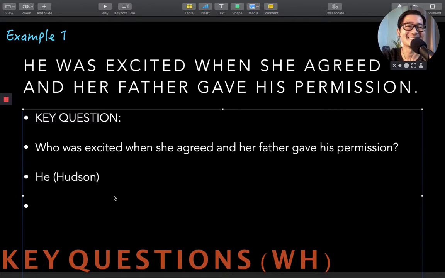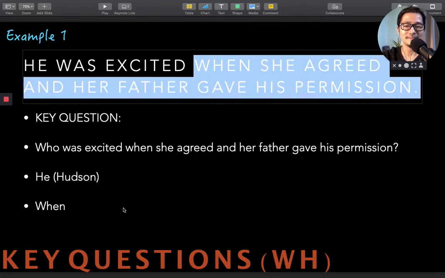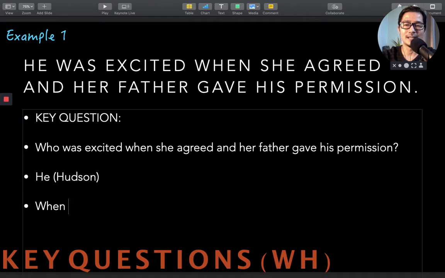Why? No. Yes, that's right. So when, what would be the question? So the answer we're looking for is this: when she agreed and her father gave his permission. So we're going to try to ask, when was he excited? When was he excited? So he was excited. Basically, you just write the whole sentence.